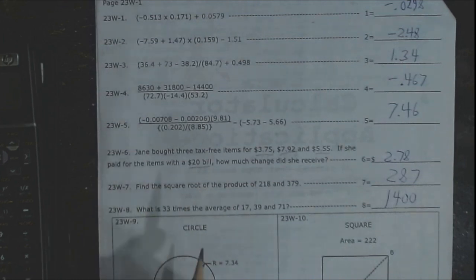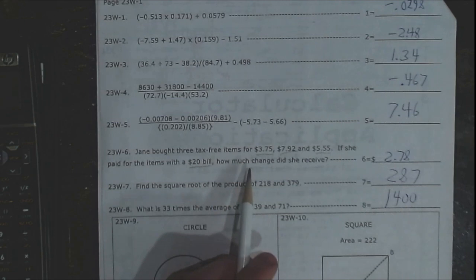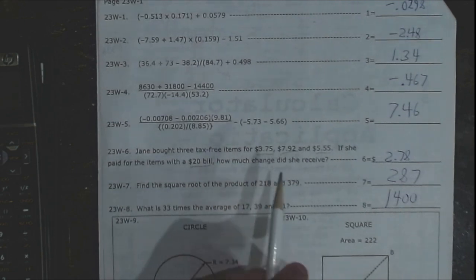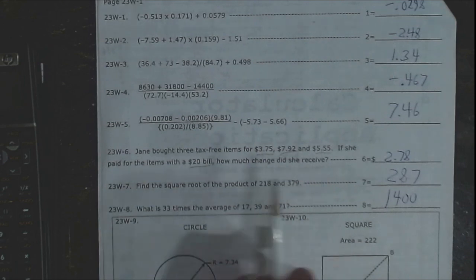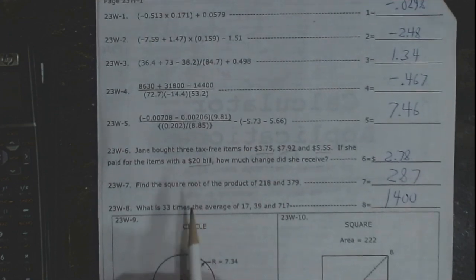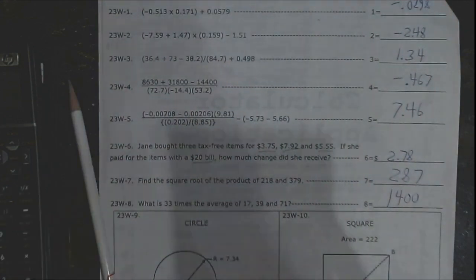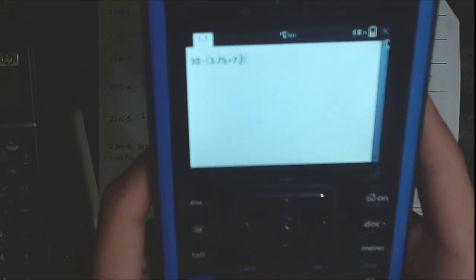So, question 6. Jane bought 3 tax-free items for $3.75, $7.92, and $5.50. If she paid for the items with a $20 bill, how much change did she receive? That's pretty easy. All we need to do is take our initial $20 and subtract the sum of these tax-free items.